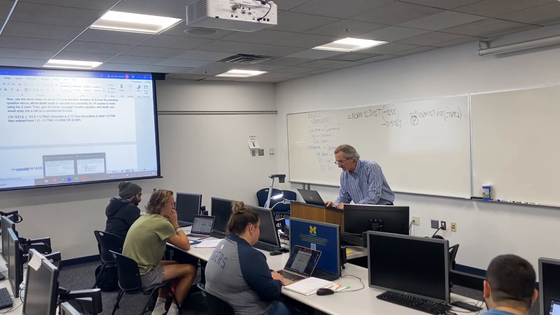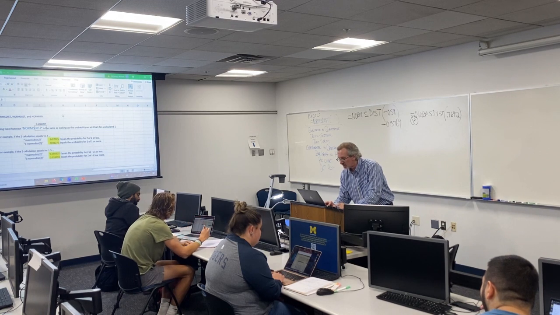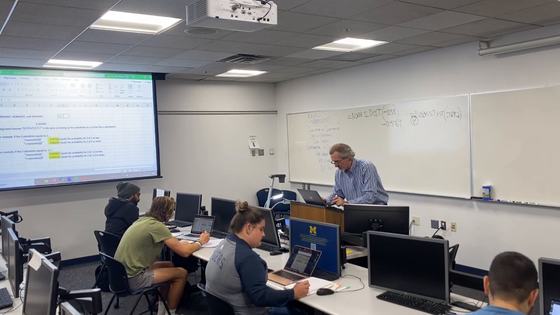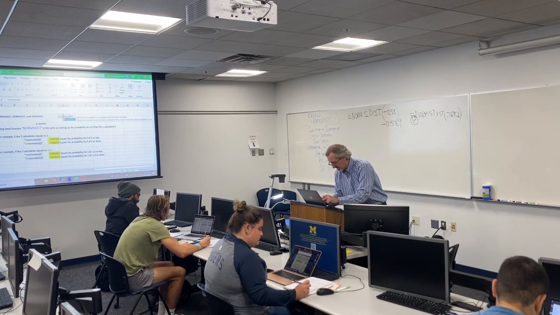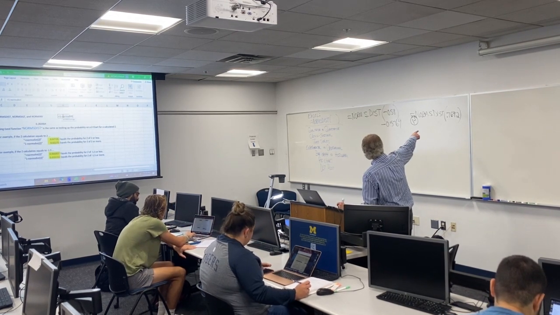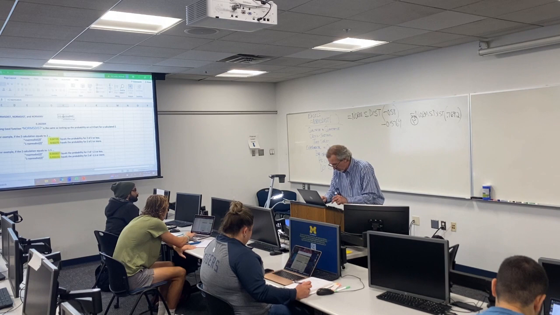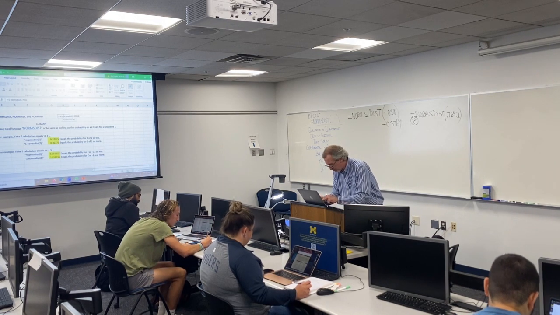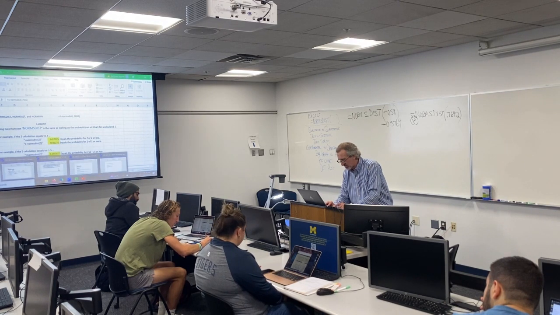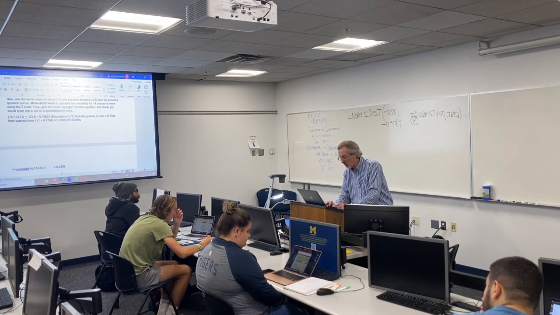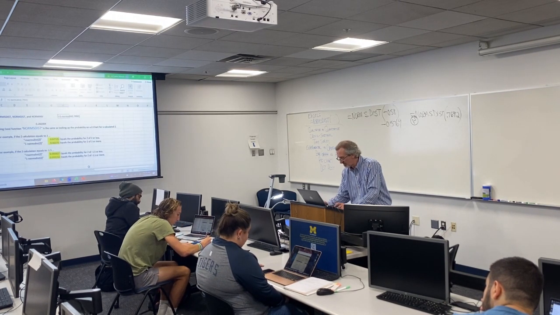So let me enter it in now so you can see an example of this. Equals 1 minus NORMSDIST, parentheses, 0.7692. If this is right, it should be 0.2209. Let's take a look.